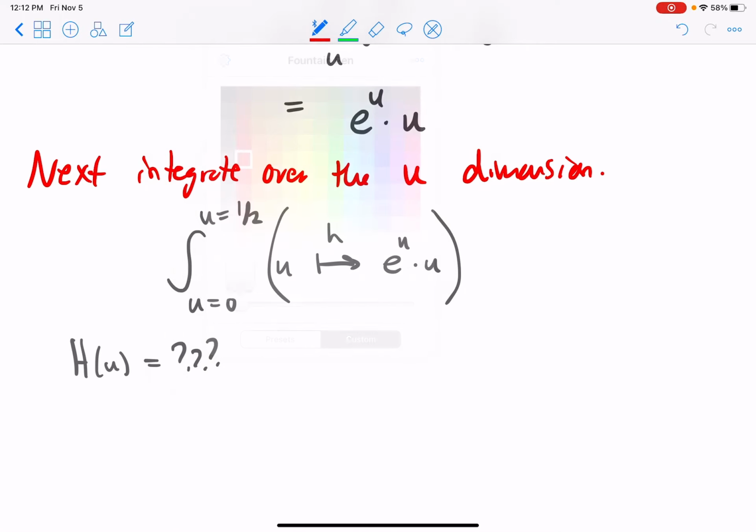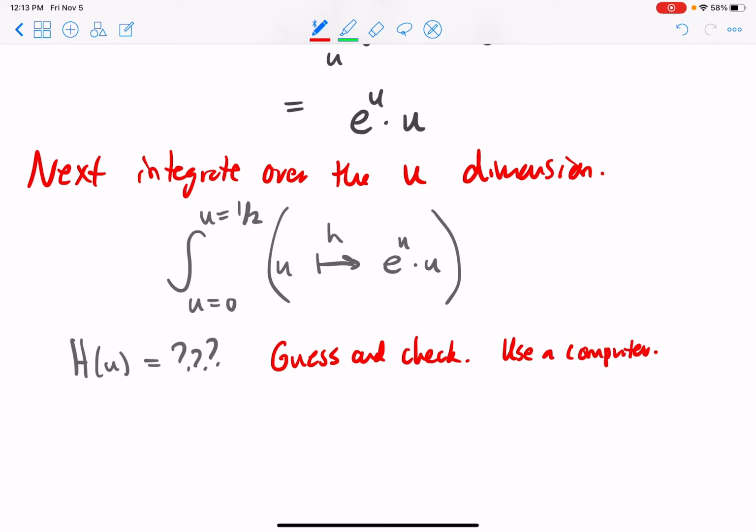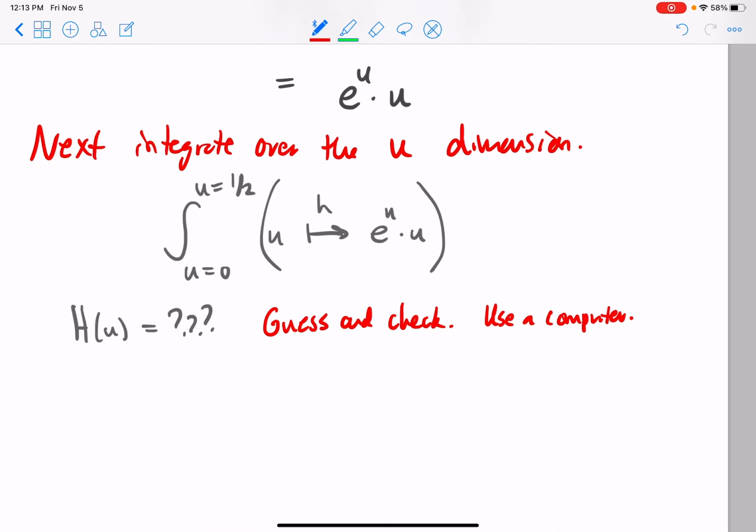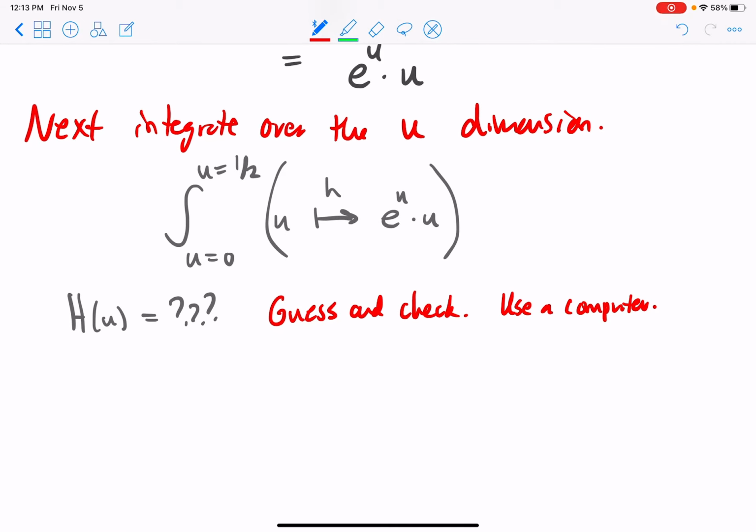So the most important method is guess and check. This is more important than any other method, except perhaps the method of use a computer. Both of these are your most important methods. By the way, a lot of people would disagree with me. But anyway, this is what we're going to do.